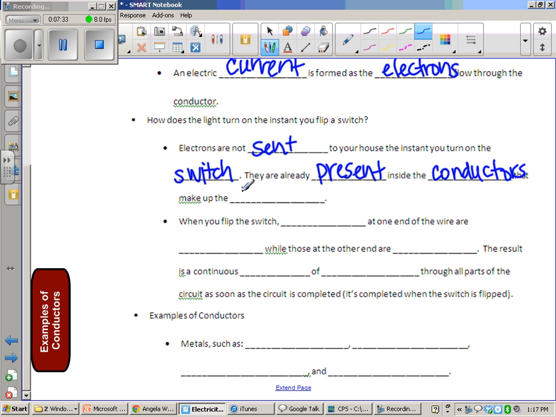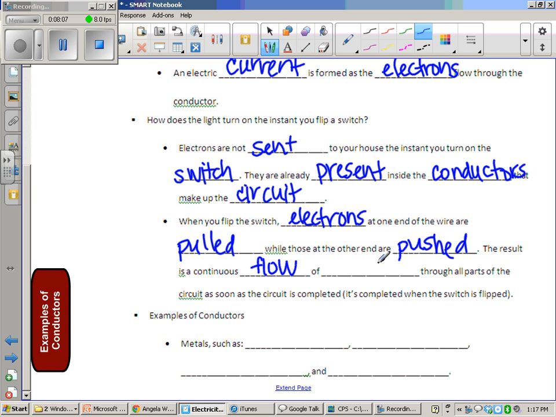When you flip the switch, electrons at one end of the wire are pulled. Okay, so it's going to be pulled out of that outlet, while those at the other end are then pushed. So the result is a continuous flow of electrons through all parts of the circuit as soon as the circuit is completed.